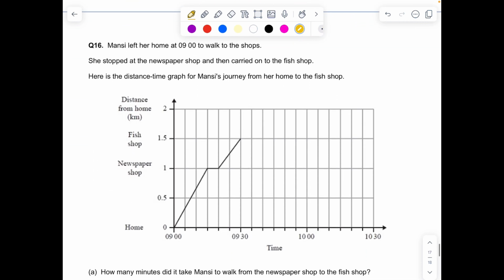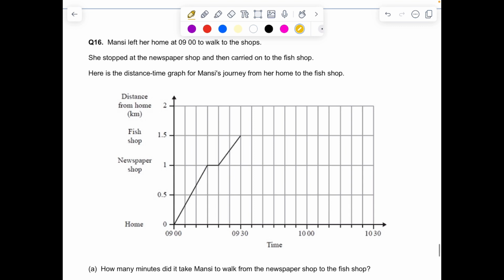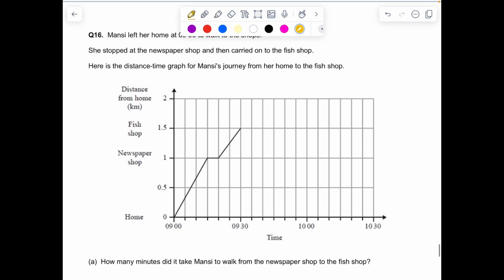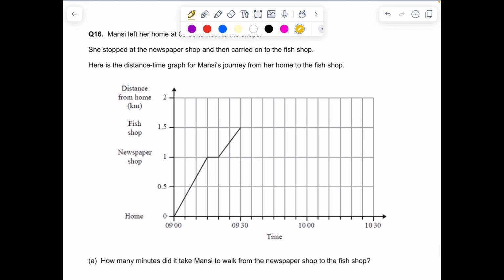Okay, next we've got our friend Manzi, who has left her home at 9 o'clock to walk to the shops. How many minutes did it take Manzi to walk from the newspaper shop to the fish shop? So she's gone from here, the newspaper shop, to the fish shop.